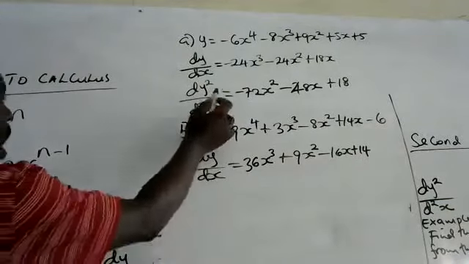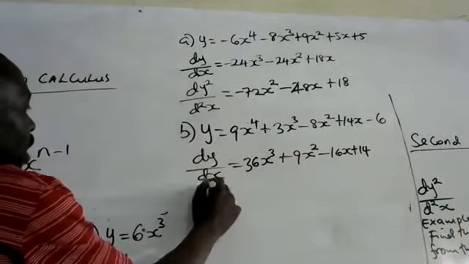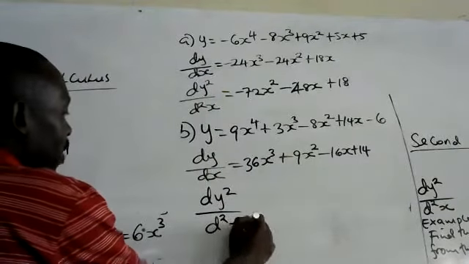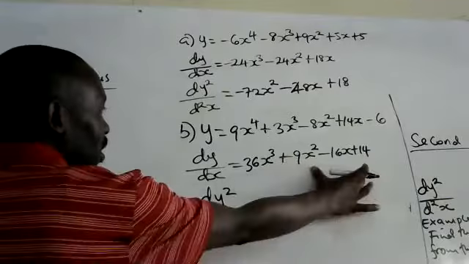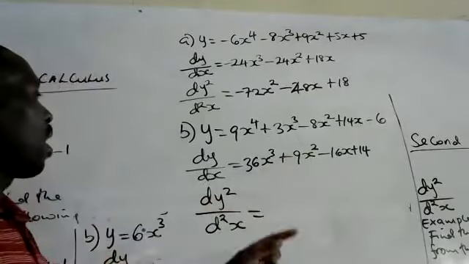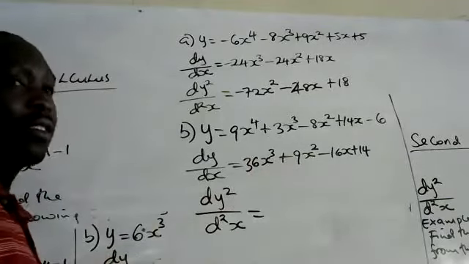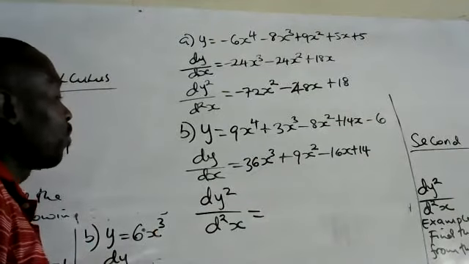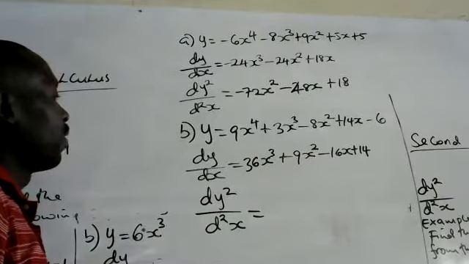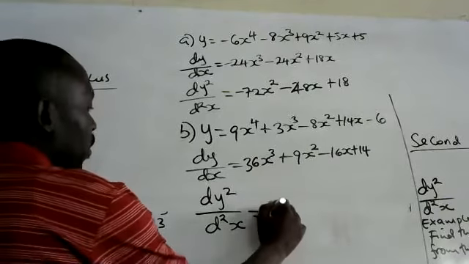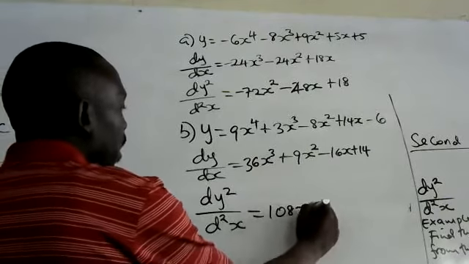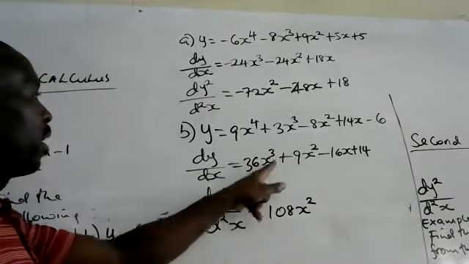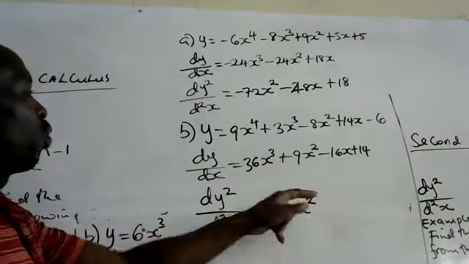Then to get d squared y over dx squared, we differentiate the first derivative. So we are going to have 3 times 36. 3 times 36, that is going to be what? That is 90 plus 18, 108. x power 2. We just differentiate: 3 times 36 is 108, and 3 minus 1 is 2.